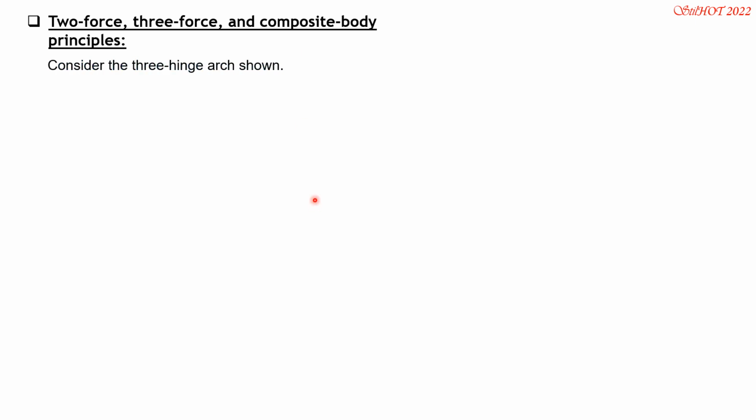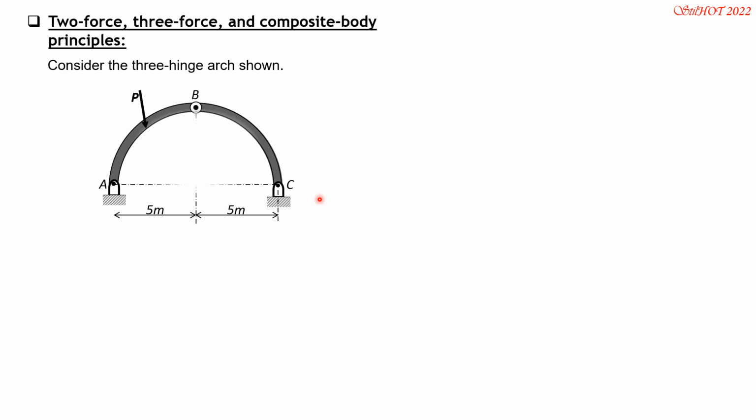Consider the three-hinge arc shown, which is a determinate structure. So there are two parts. We can draw free body diagram of segment AB and BC. In each hinge, there are two unknowns. And since there are two parts, and in each part, three equations of equilibrium can be formulated: summation of Fx equals 0, summation of Fy equals 0, and summation of moment equals 0.